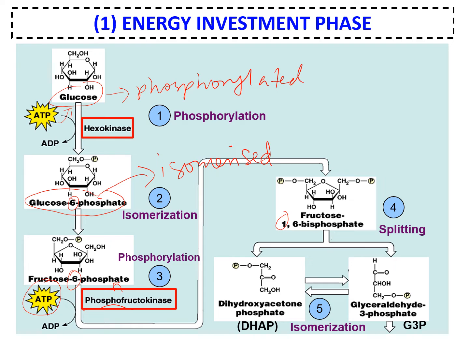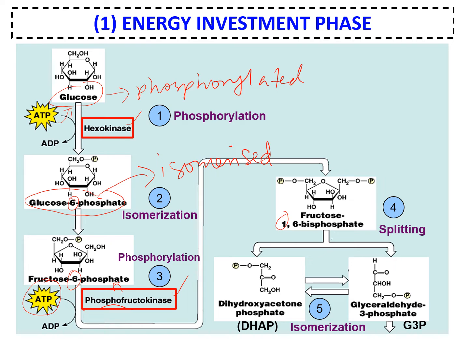Students should memorize these two names of enzymes: hexokinase for the first step and phosphofructokinase for the third step. Next, the fourth step is the splitting, the breakdown, of fructose 1,6-bisphosphate into two molecules of 3 carbon.